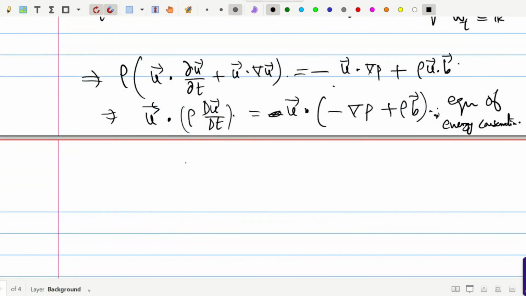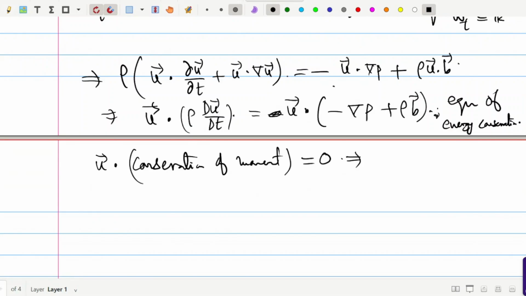This is simply U dot product with the conservation of momentum equation equal to 0, which implies the equation of energy conservation, isn't it?